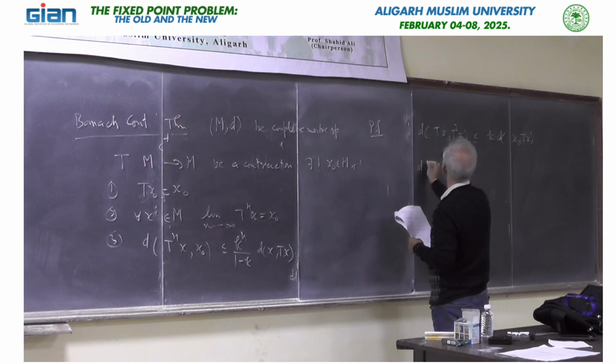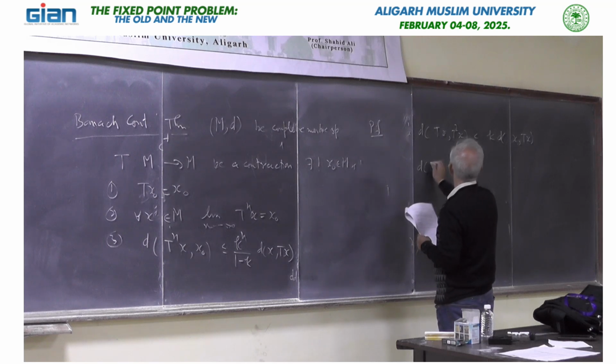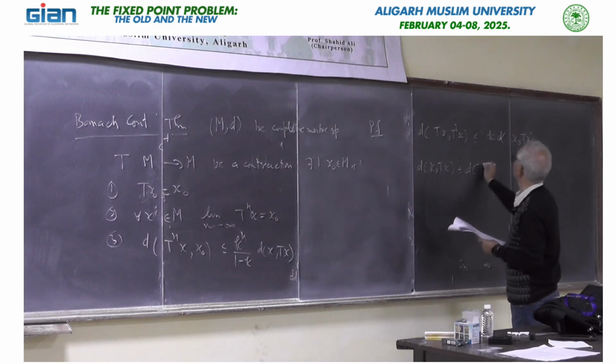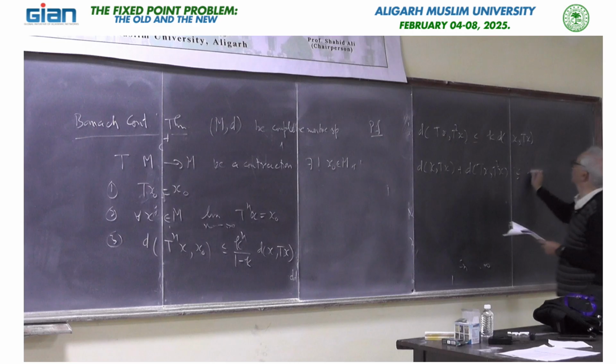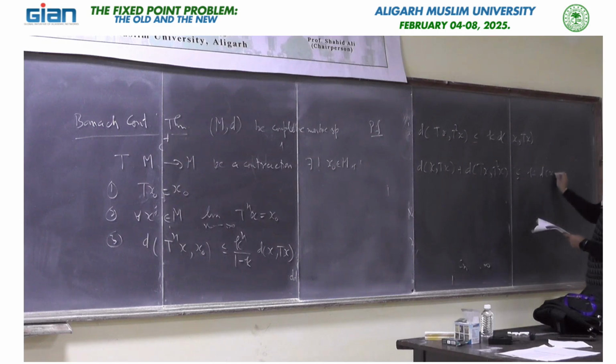So what you will have is d of x, Tx plus d of Tx, T squared x is less than or equal to d of x, Tx plus k times d of x, Tx.